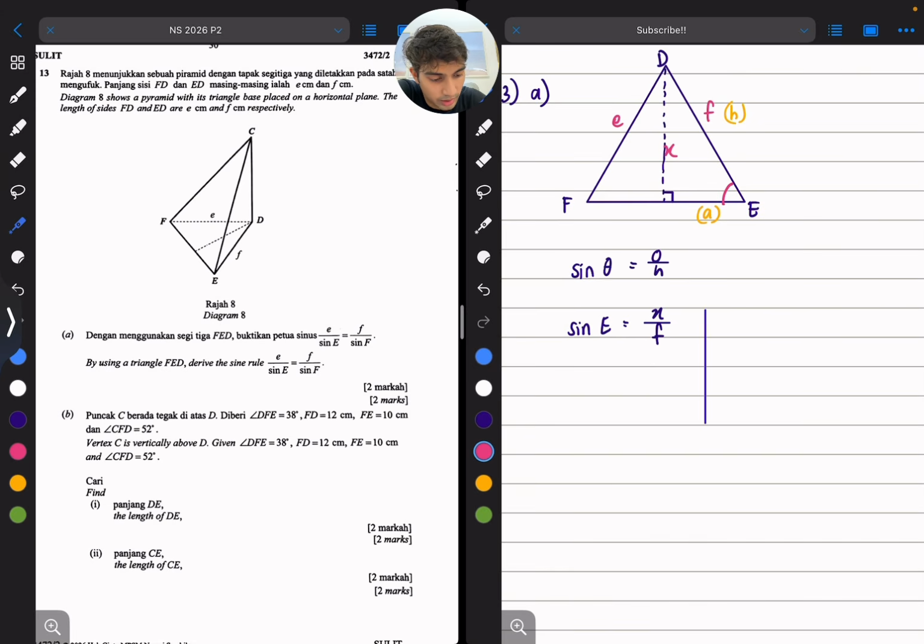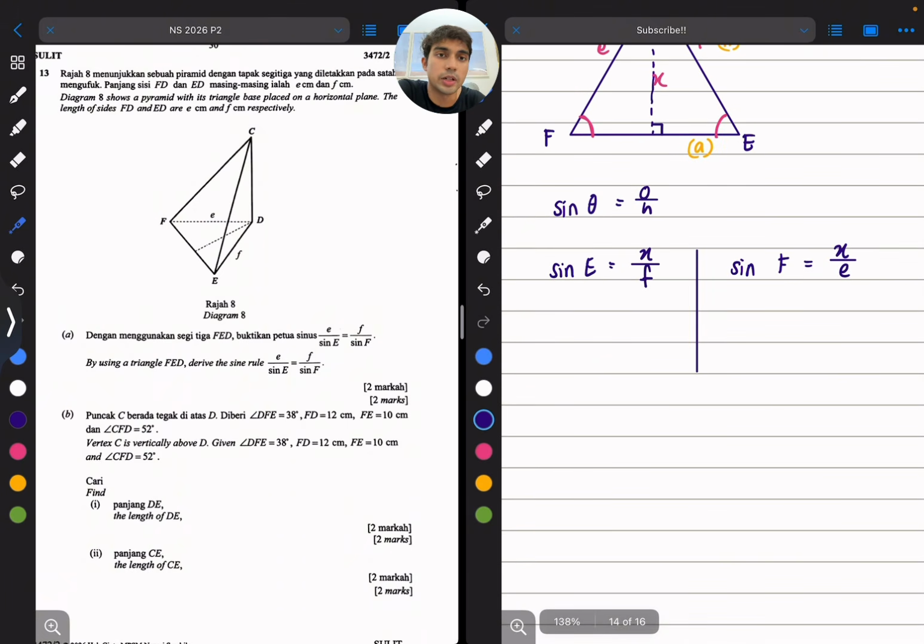And then sine F will be opposite over hypotenuse as well. So X over E. So from here, if you want to equate them, we can try to make X the subject.